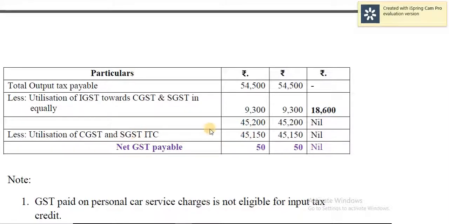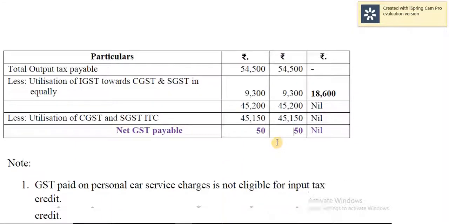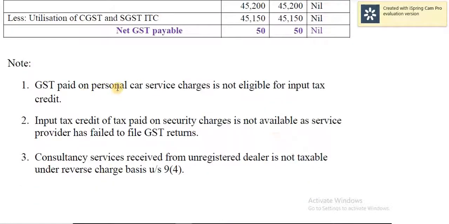Now let us set off the input tax credit of CGST and input tax credit of SGST. As a result, what remains is 50 rupees CGST and 50 rupees SGST. GST paid on personal car service charges is not eligible for input tax credit. Input tax credit of tax paid on security charges is not available as the service provider has failed to file GST returns.